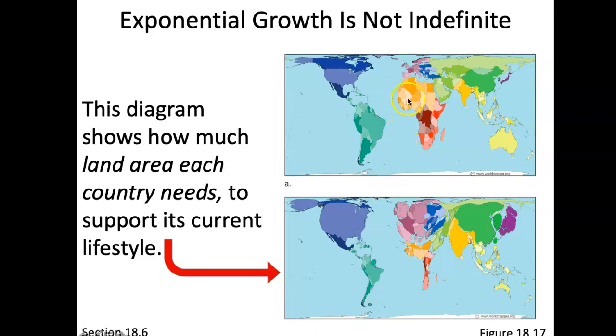So look at some other countries, or look at South America. This is the size of South America, but it's shrunk down because actually, given their lifestyle and their population, they could do with even less land. Look at Africa, and look at Japan. Japan is seriously out of space.